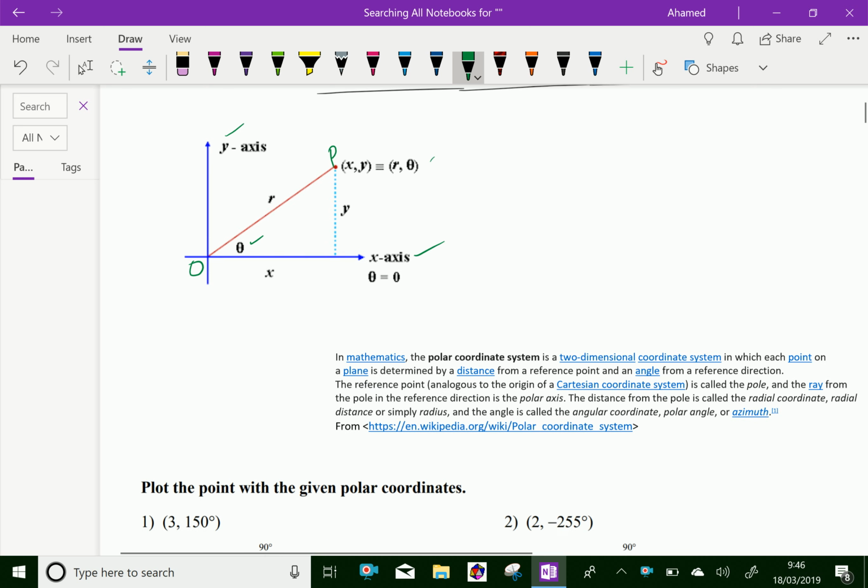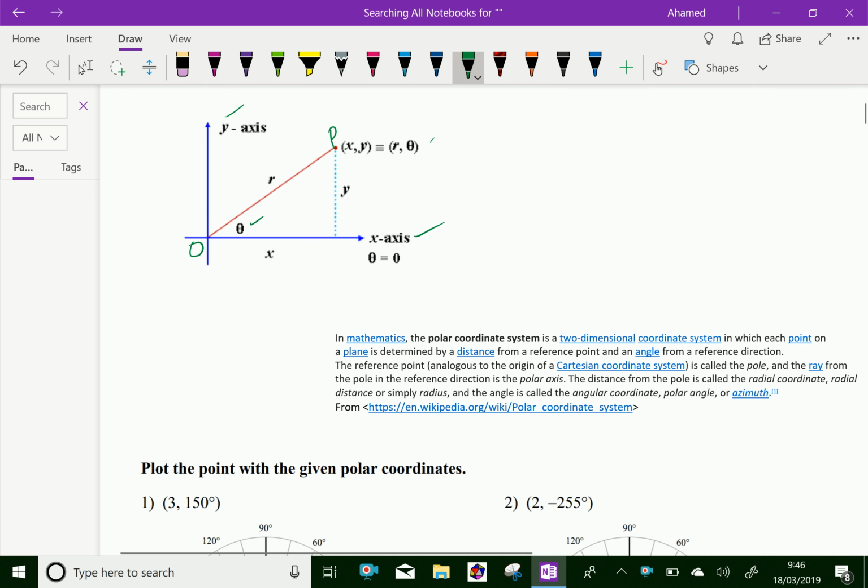Now, in mathematics, the polar coordinate system is a two-dimensional coordinate system in which each point on a plane is determined by a distance from a reference point and an angle from a reference direction. The reference point, analogous to the origin of a Cartesian coordinate system, is called the pole.